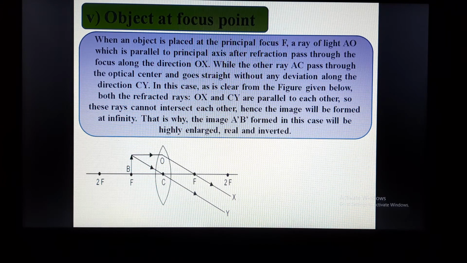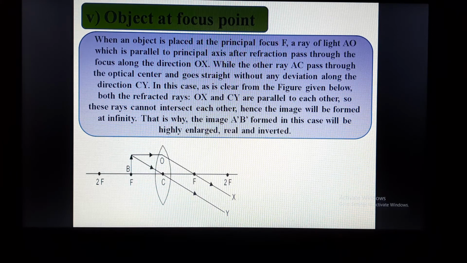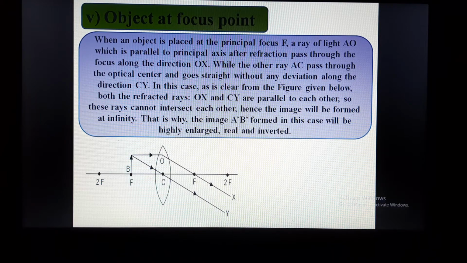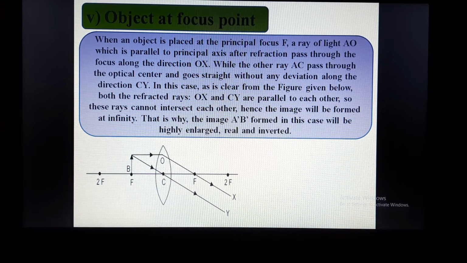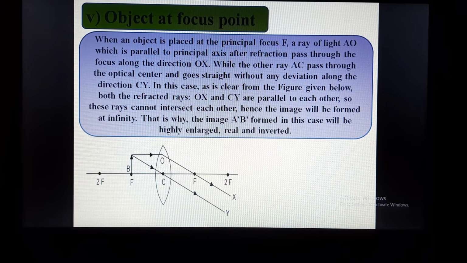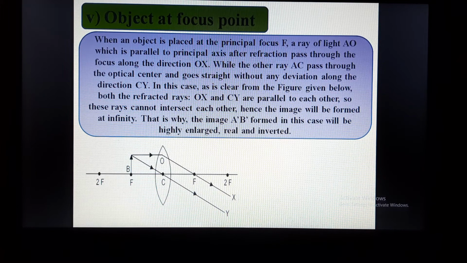Here AB is our object, which is placed at the principal focus F. A ray of light AO, which is parallel to the principal axis, after refraction passes through the focus along the direction OX. And the other ray AC passes through the optical center and goes straight without any deviation along the direction CY in the picture.